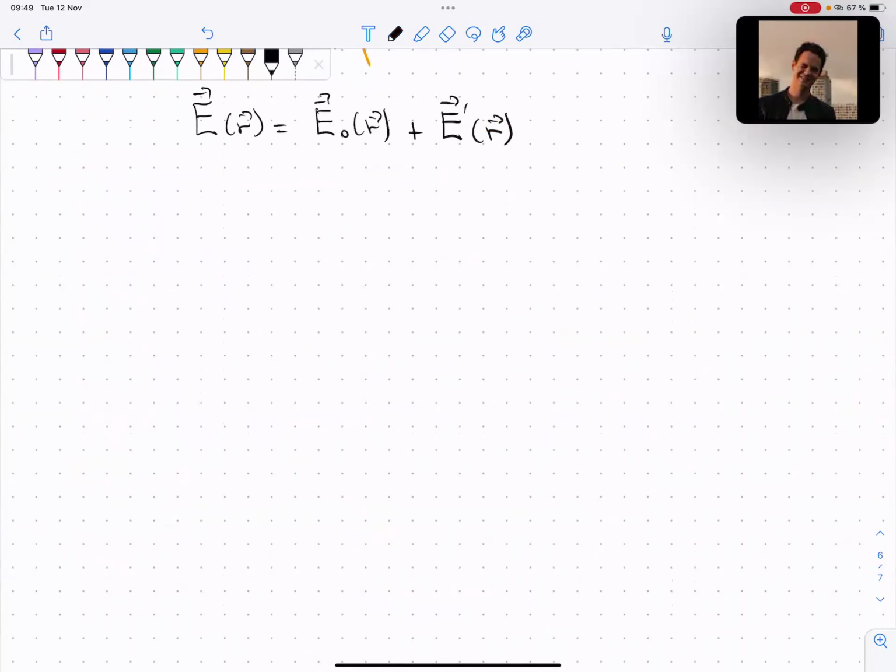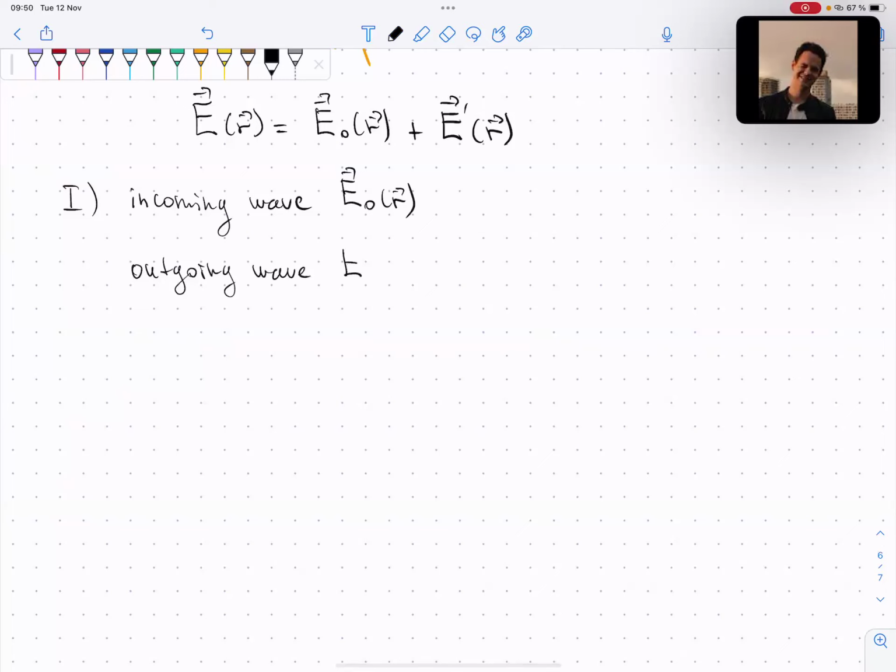So in region 1, we will have the incoming wave, which is E0 of R, and we'll have the outgoing wave. In this case, it will be E prime of R, which is the outgoing wave, and previously we called this the scattered field.